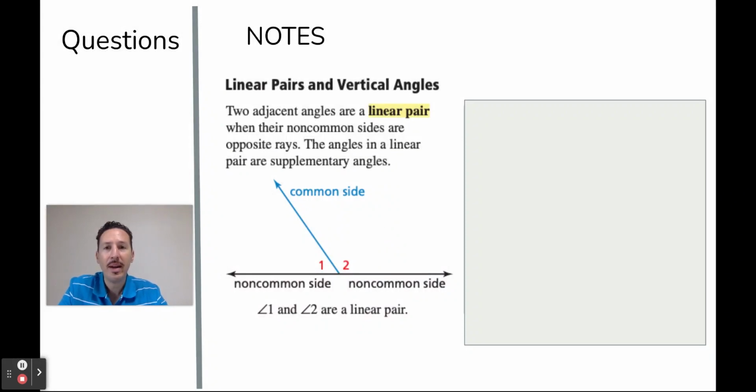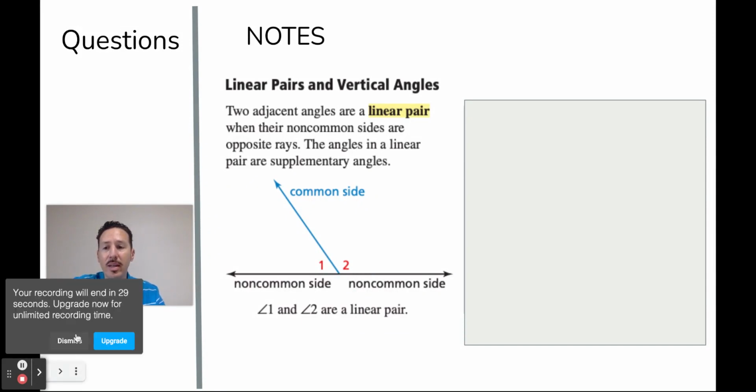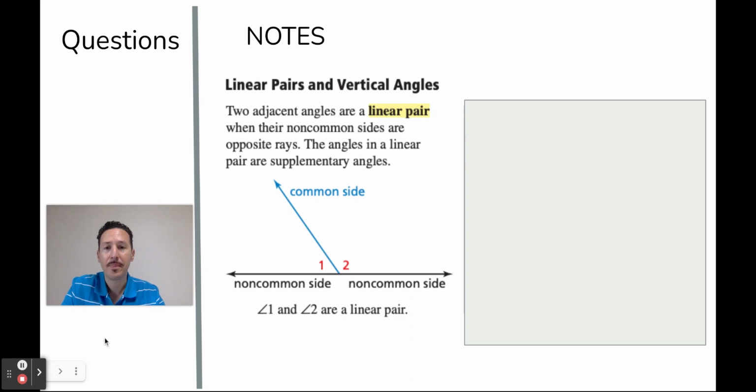Now, linear pairs and vertical angles. So a linear pair is going to be two angles, right? Two angles that form a straight line. But they need to be adjacent angles to create a linear pair. Okay? They need to be adjacent angles to create a linear pair.